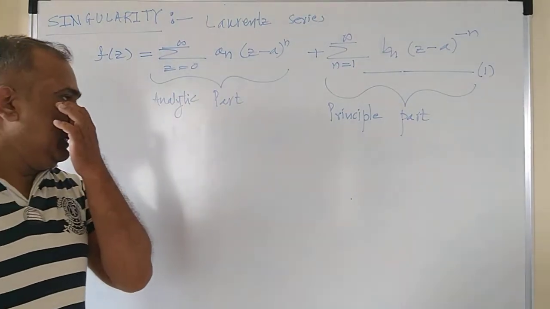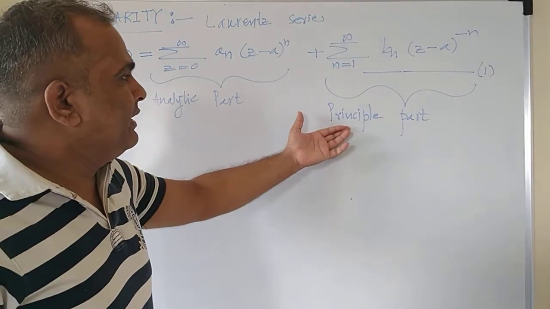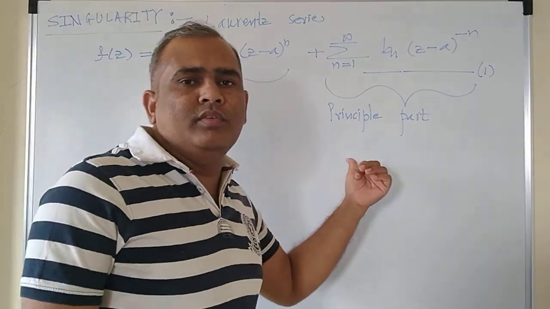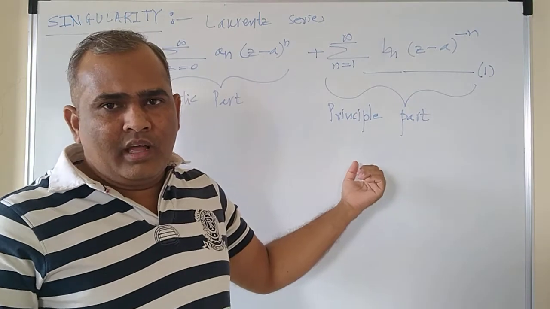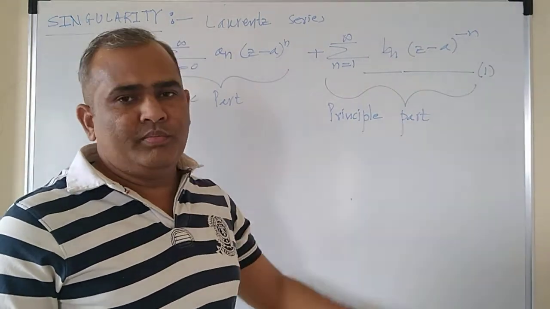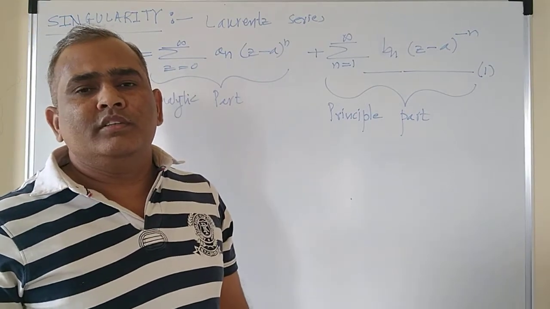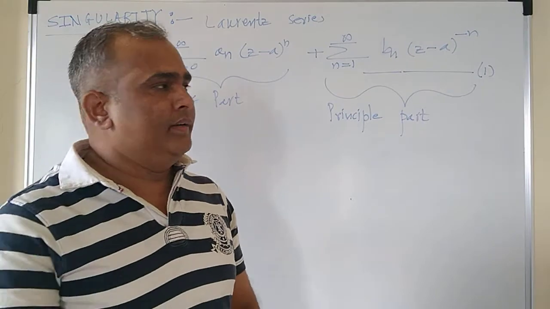Now, depending upon whether the principal part is absent, present with finite terms, or present with an infinite number of terms, the singularities are categorized into three different types.